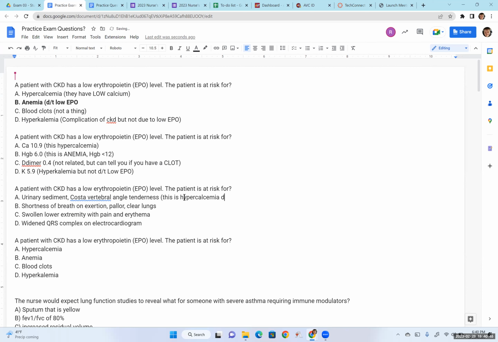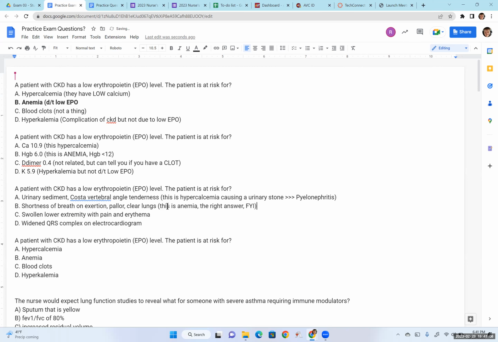Due to causing a stone, leading to pyelo. The costovertebral angle pain and urinary sediment is a sign of a stone. Shortness of breath on exertion, pallor, clear lungs: this is anemia, the right answer.